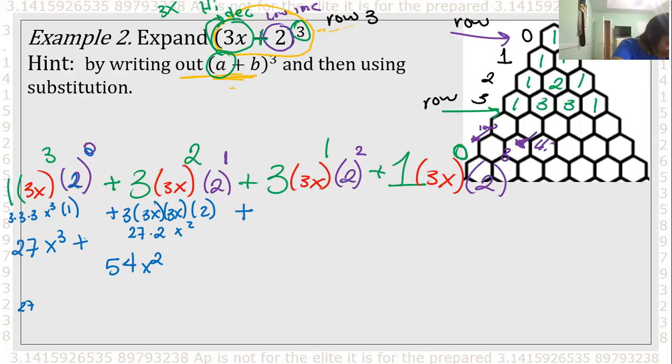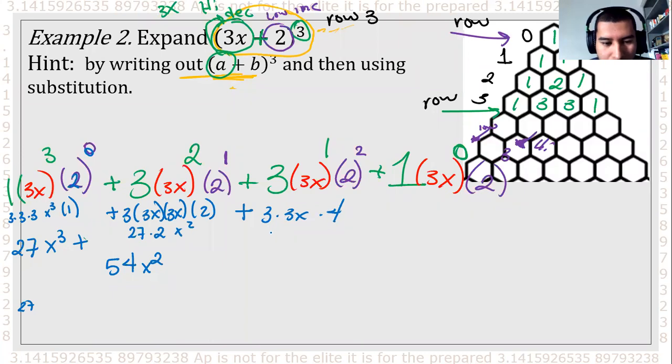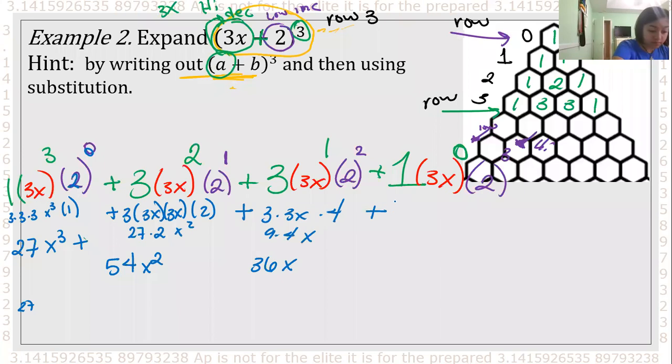All right, so pretty much we got this right here. 3 times 3x times 2 squared, that is 4. So I got 9 times 4 times x, and then I'm going to use my finger trick that tells me it is what, 36. So this is 36x. And last but not least, I'm not going to make the same mistake. I'm going to see that this is to the 0.